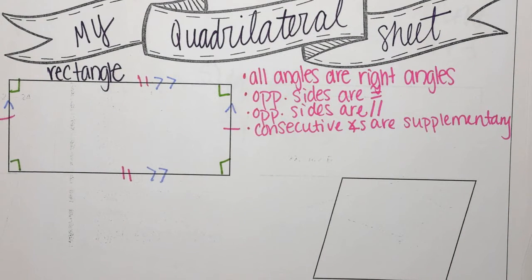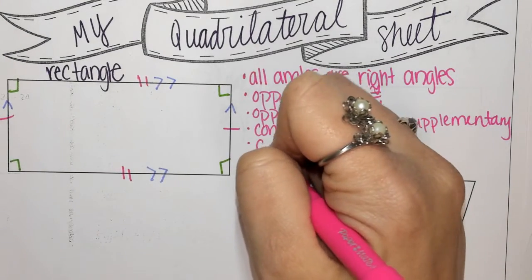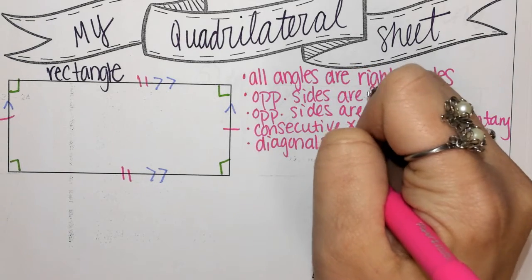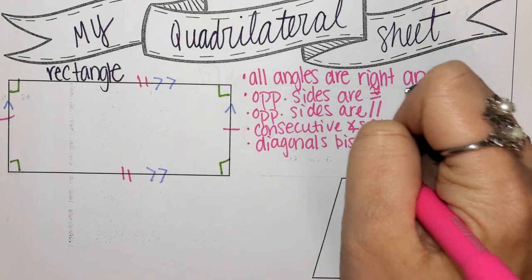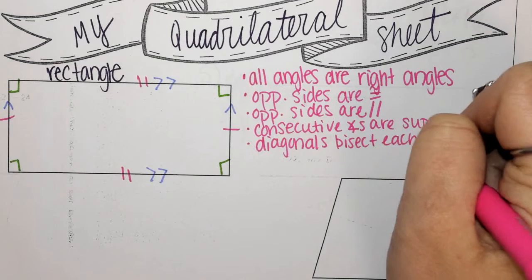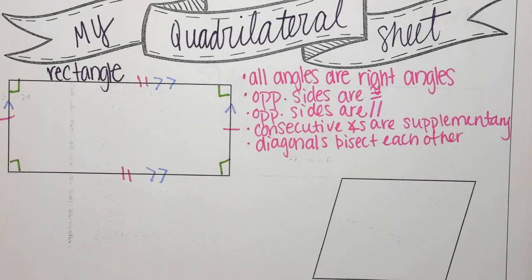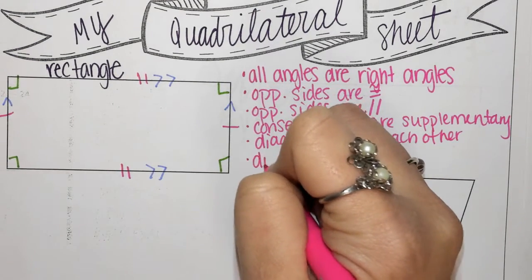Durmstrang, tell me the next one. Diagonals bisect each other. Good. Take a point. And Ravenclaw, tell me the last thing that we need to know. Diagonals are congruent. Good. Take a point.